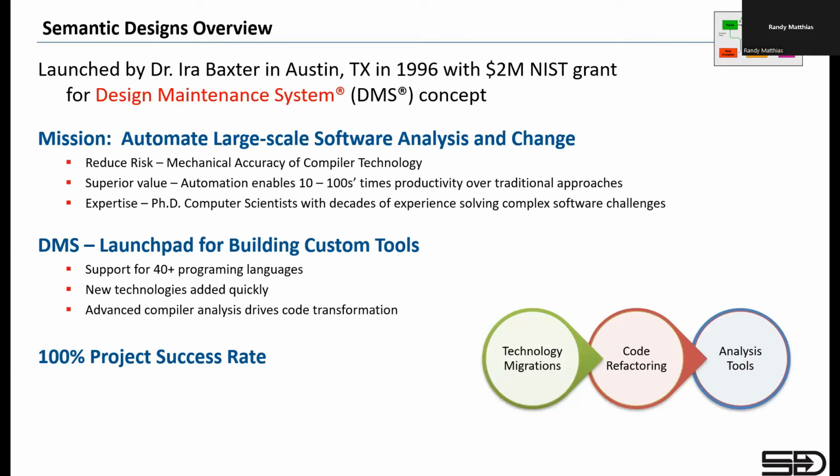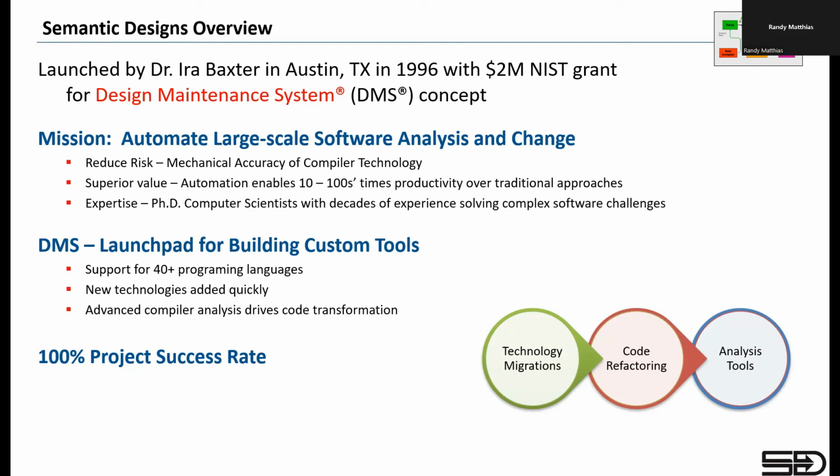Founded in 1996, our business is automating large-scale software analysis and change. We do this using a proprietary generalized compiler technology called DMS. With DMS, we're able to perform many different types of projects, including technology migration, converting one application set of technologies to another, code refactoring and re-architecture, as well as build custom analysis tools.